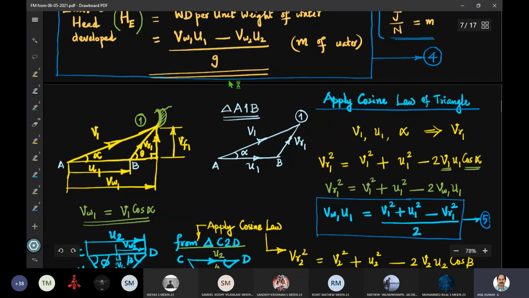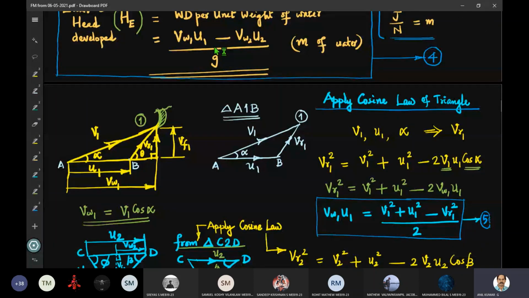The components at outlet we will start with, that is (VW2 U2 minus VW1 U1) by g. In the case of power producing devices, from inlet to outlet, that is (VW1 U1 minus VW2 U2) by g. Now this is the Euler's head developed in terms of the four velocity components VW1, VW2, U1 and U2. You are familiar with these components already.